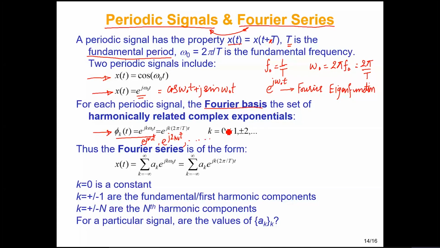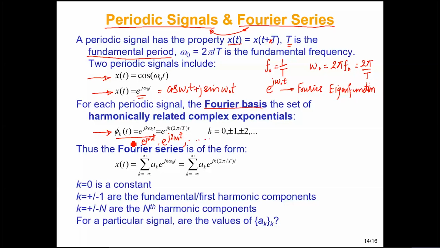These are also called the harmonics. So this set of harmonics, where k takes any value starting from 0, plus or minus 1 and going on, are harmonically related complex exponentials. And we know what omega naught is: it is the angular frequency, and it is related to the time period by the factor 2 pi over T, as we see right here.